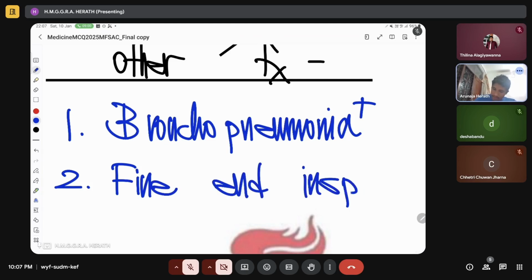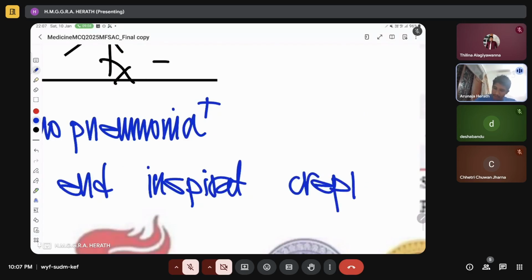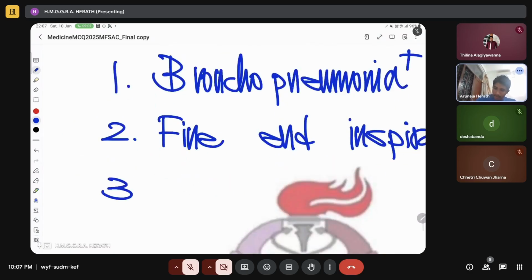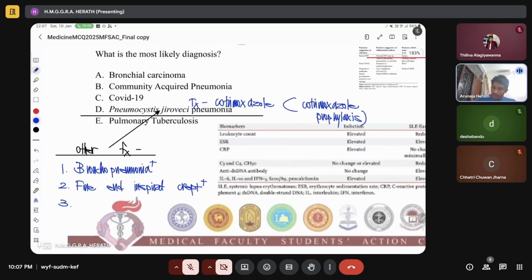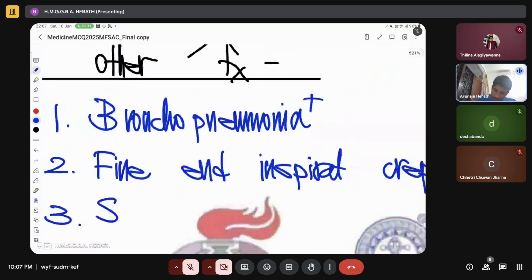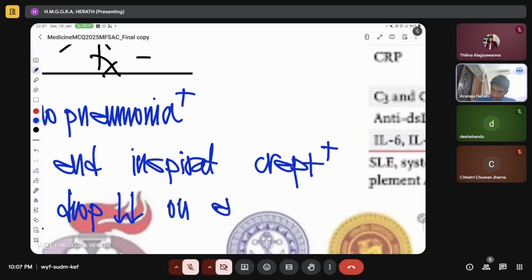And then what else? In pneumocystis jirovecii pneumonia, usually the patient's saturation will drop. Right? On exertion, their saturation will be like 86%.